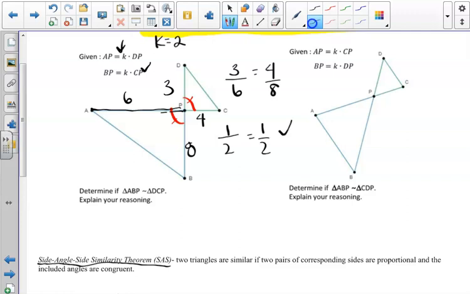So because we get the same ratio, that means that these triangles are similar. So the second method that we use to prove triangles similar is what we call side-angle-side similarity theorem. We will need to show that one angle is congruent to each other, and the other 2 sides around the angle have the same ratio.